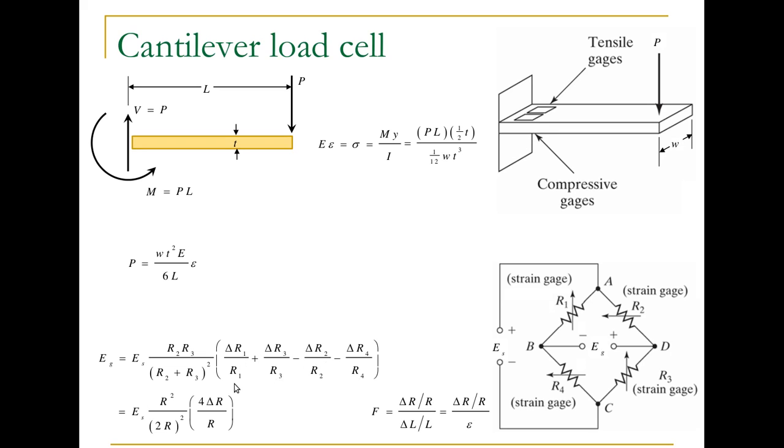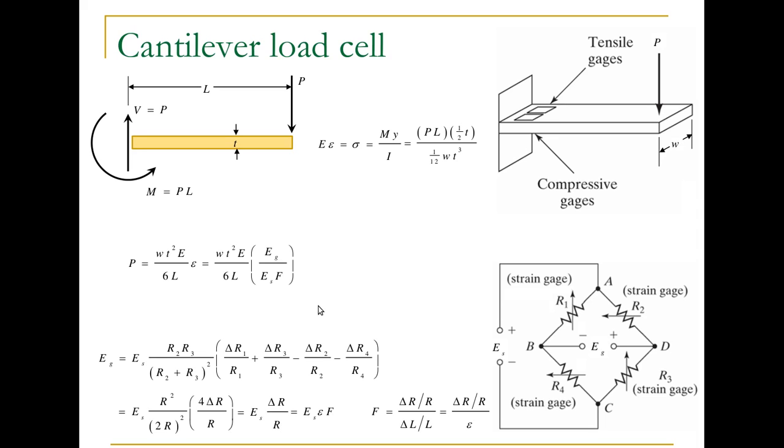So if we apply that relationship, then we can simplify this equation to the form seen here. So the measured voltage is our supply voltage times the change in resistance over the nominal resistance, and this is just the product of the axial strain and the gauge factor.